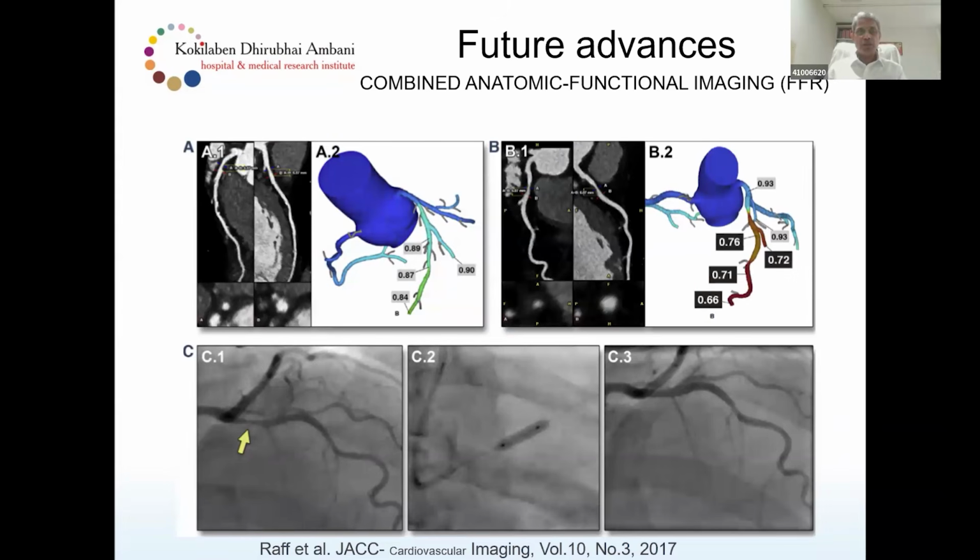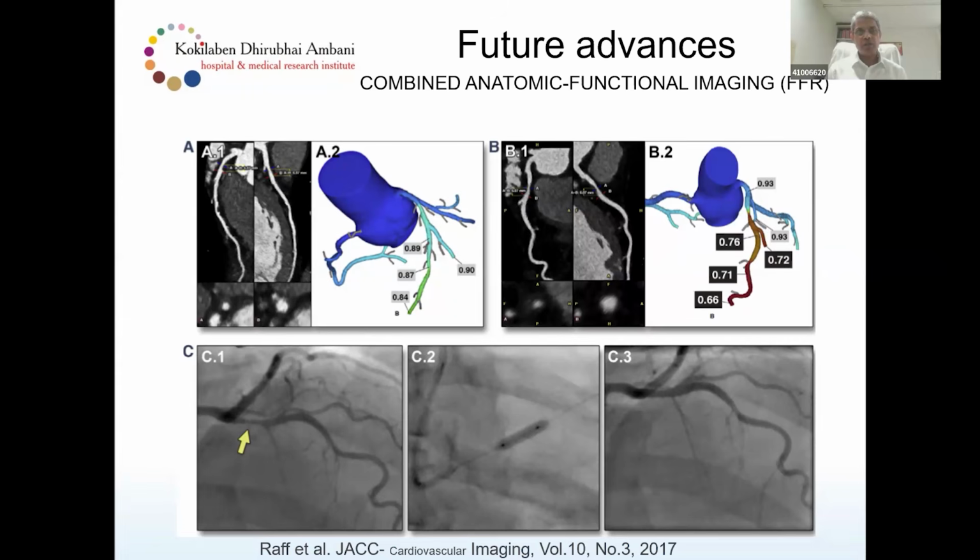So as I told you, what are the future advances in CT coronary? We can see that the newer CT scanners, as well as the newer software, also add a functional component in addition to the anatomic imaging. So it is a combined anatomic and functional imaging. In functional imaging, I mean that they are able to measure the fractional flow reserve of the coronaries beyond the obstruction. The anatomical imaging will only tell you it is a 30% or 40% or 60% obstruction.